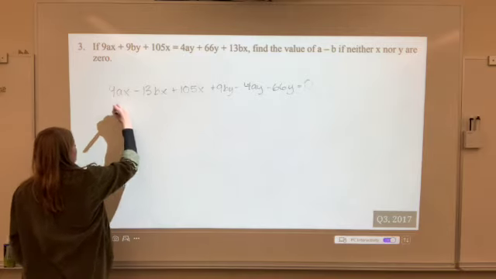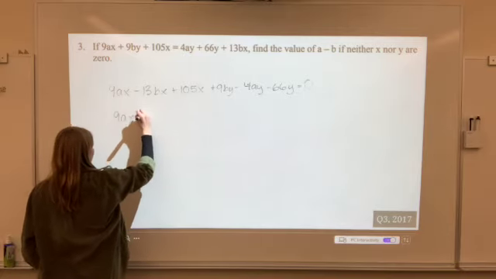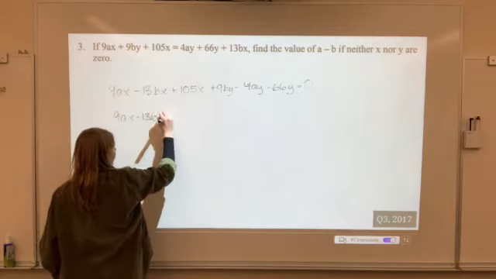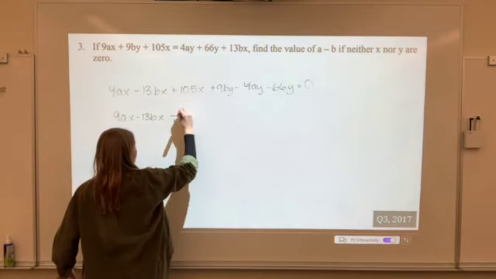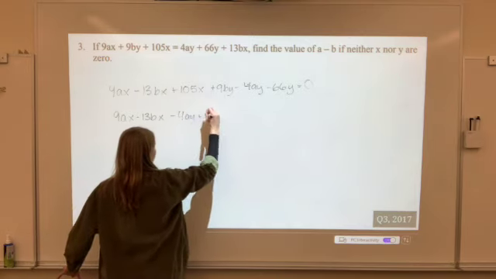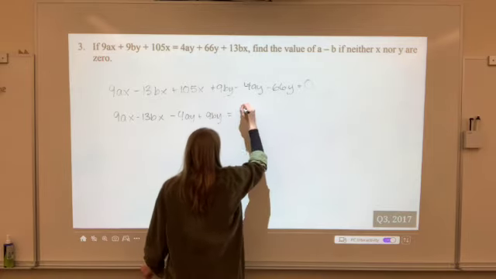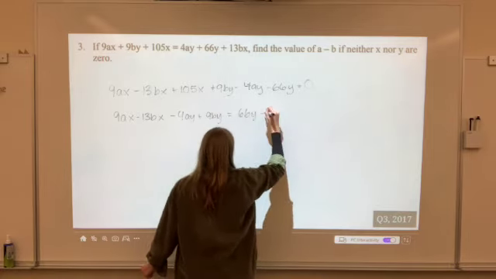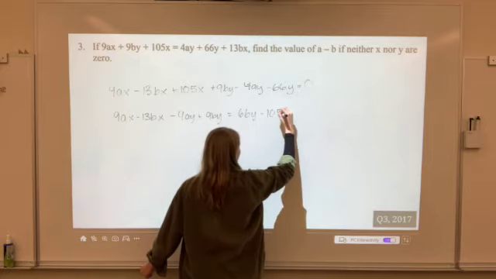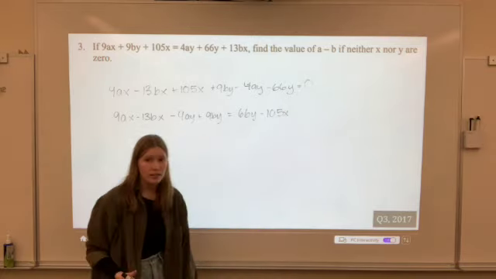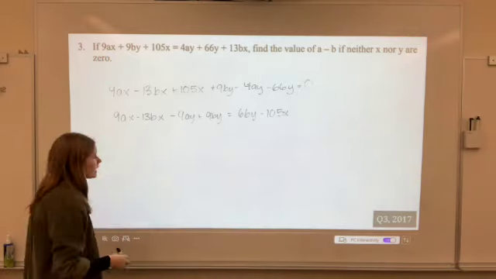So I'm going to rewrite this: 9ax minus 13bx minus 4ay plus 9by equal to 66y minus 105x.